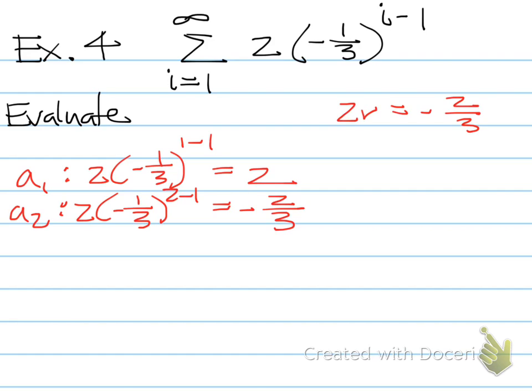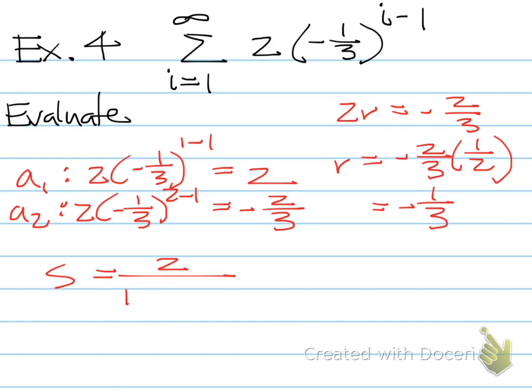Now we can determine what the common ratio is. We have to multiply 2 by the common ratio to get the next term. So the common ratio is negative 2/3 times 1/2, or negative 1/3. Now we can plug those values into the formula.